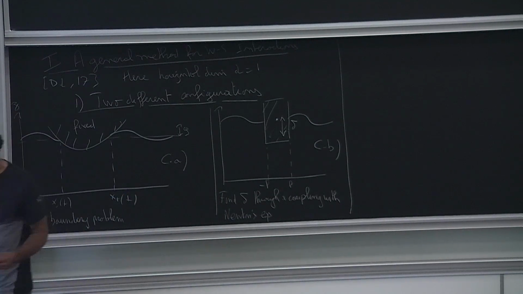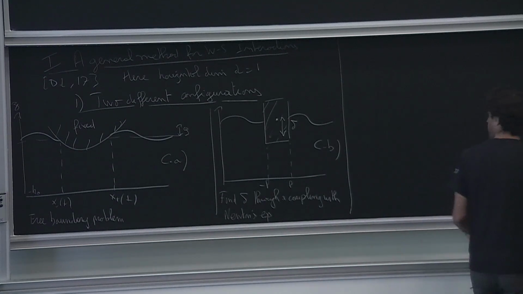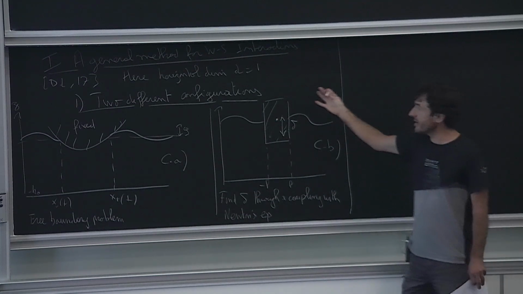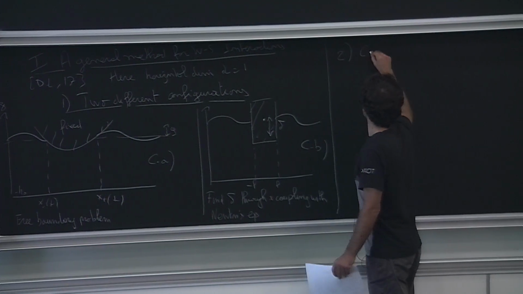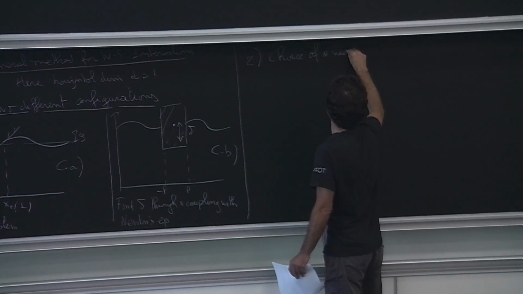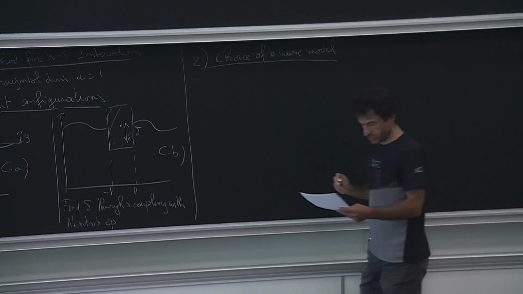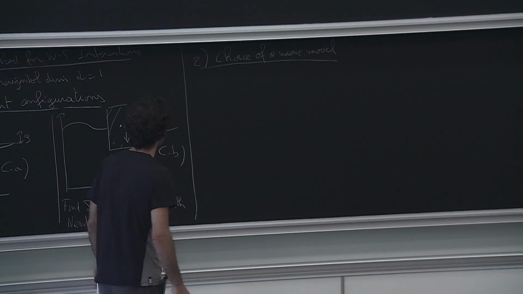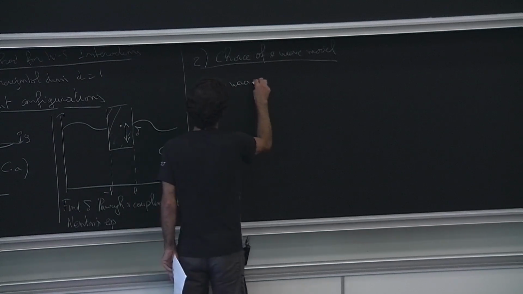So I take these two configurations and I have one difficulty for each of them that I will comment on. So for this recipe, the first step is to identify the configuration you have to deal with. The second step is to choose a wave model. So what does it mean? You could use several wave models to describe the free surface. So you have the water waves equations.